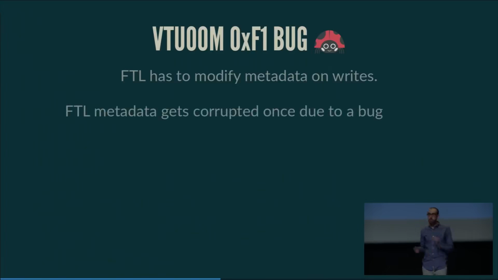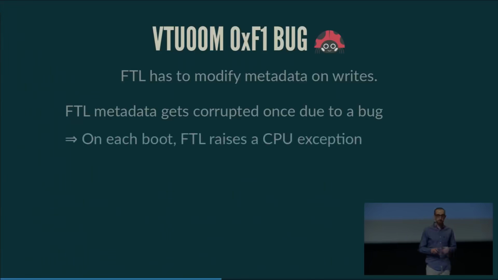And once it happened, it should only happen once. If the data got corrupted, this is before Samsung's patch, every time you try to power on the eMMC chip, the FTL will try to parse this data, and it's corrupt, so it will raise a CPU exception.